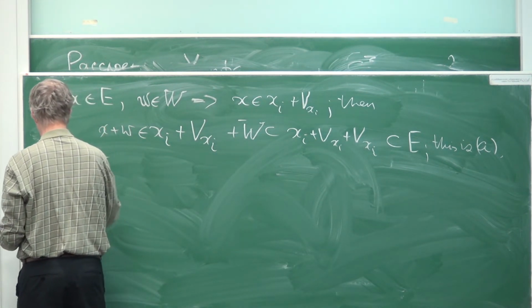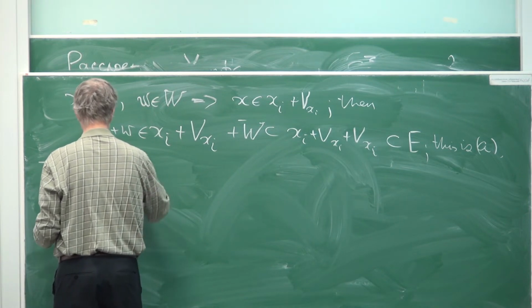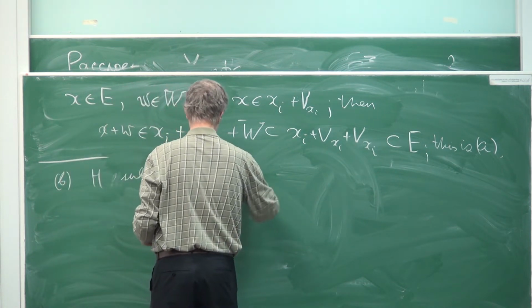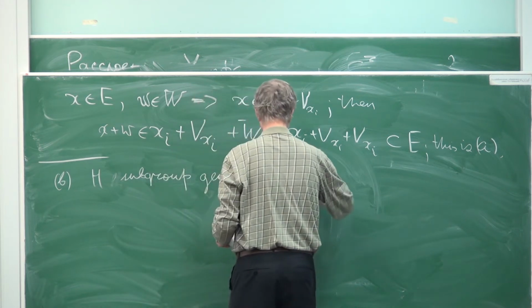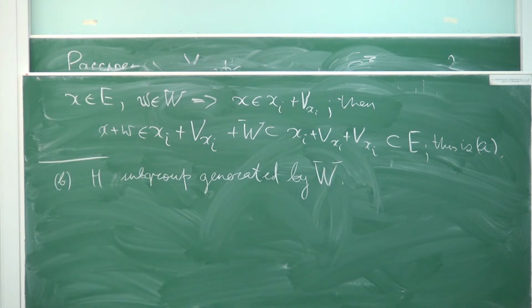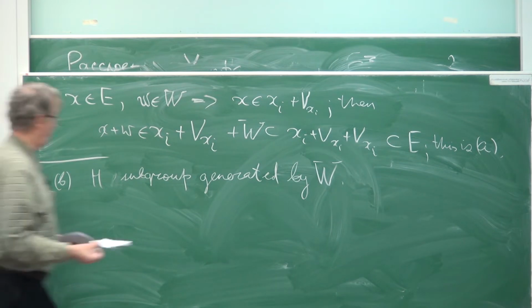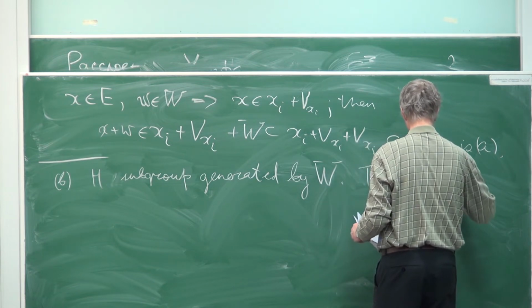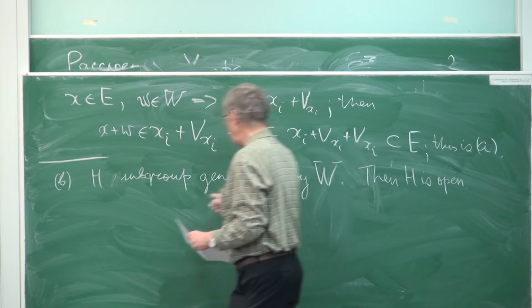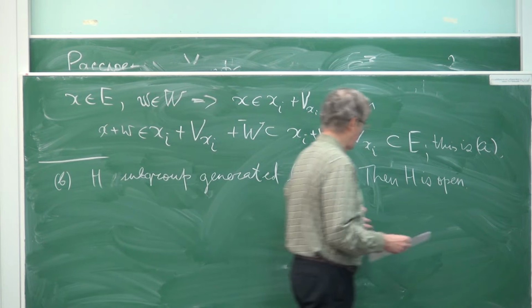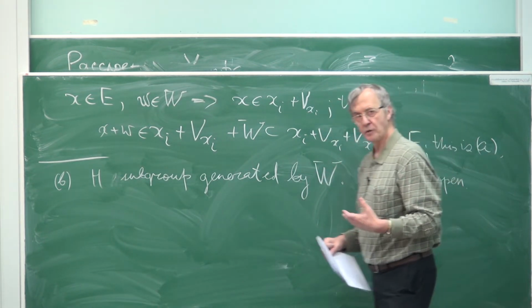Now to prove B, let H be the subgroup generated by this set W which you found in item A. Then H is open, because H contains a neighborhood of 0 in the entire group G. So it contains a neighborhood of any point in the entire group G, so it is open. And since it is open, it is also closed.